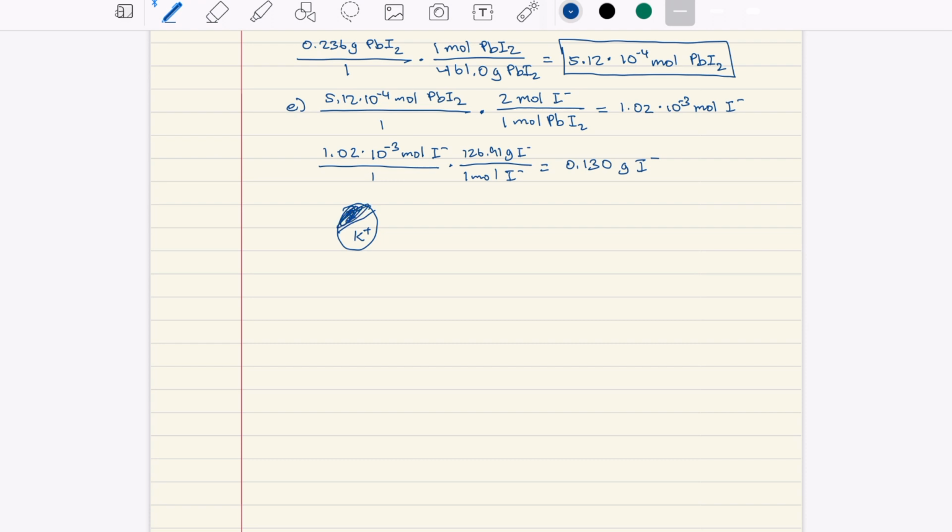In order to calculate that, all we need to do is take the grams of I minus, which we calculated above, over the total grams of the tablet, which is 0.425 grams. Then we multiply by 100. Doing this, we'll find that the percent of I minus is 30.6, not 36, 30.6% I minus in a KI tablet. So that's the answer to part E.